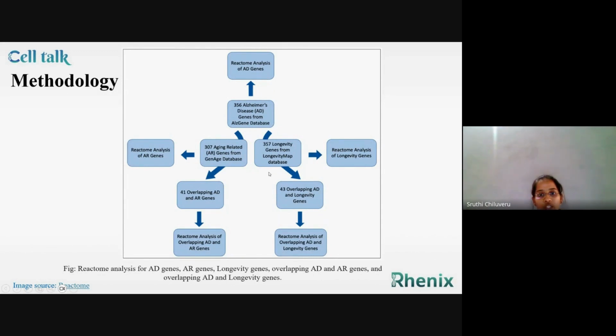Based on these three databases, they perform the Reactome analysis and get the overlapping AD and AR genes. From this, they get overlapping AD and longevity genes. By this database overlapping, they get the overlapping AD genes and AR genes, and from this, the Reactome analysis of overlapping AD and longevity genes.